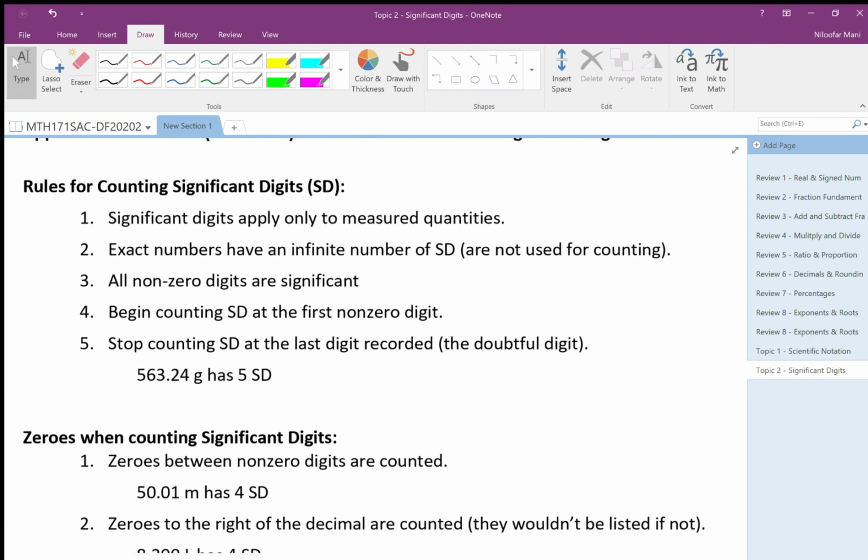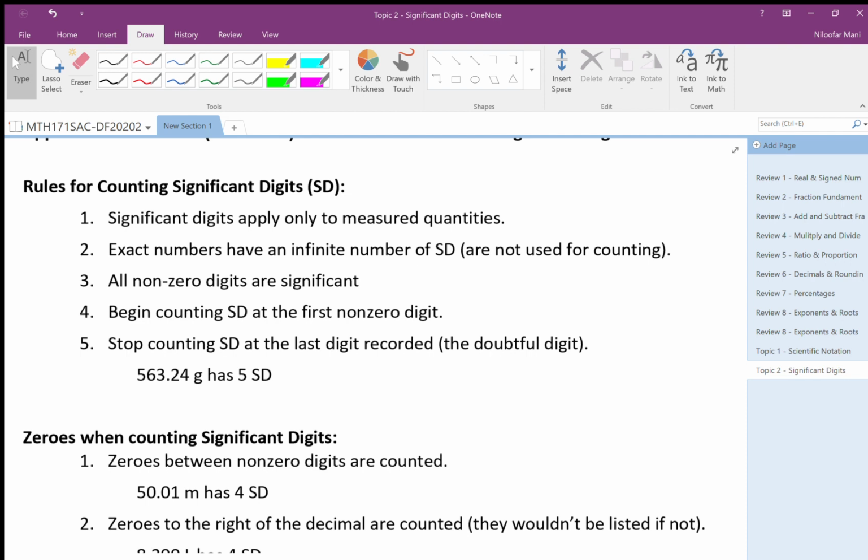I have to mention some rules here. Okay, some rules to summarize. Significant digits only apply to measured quantities.